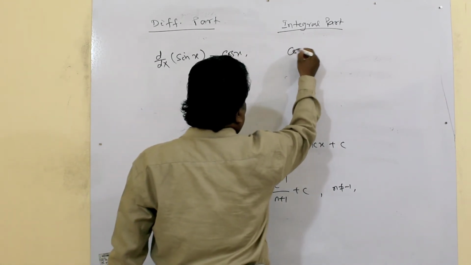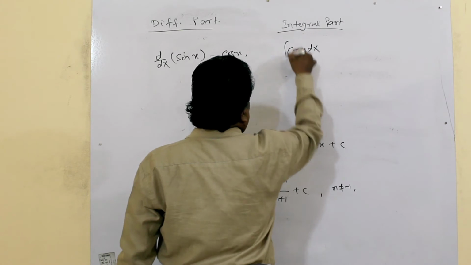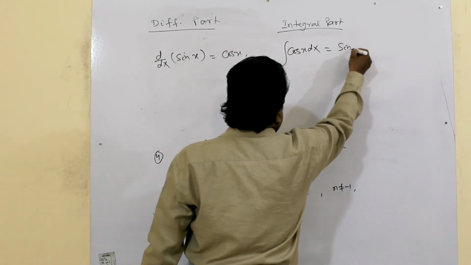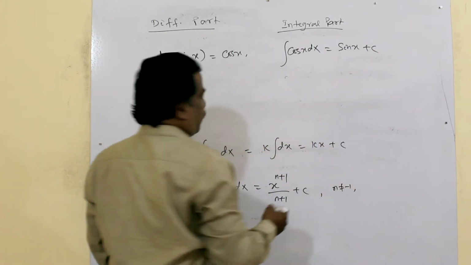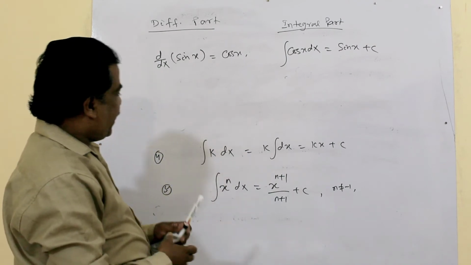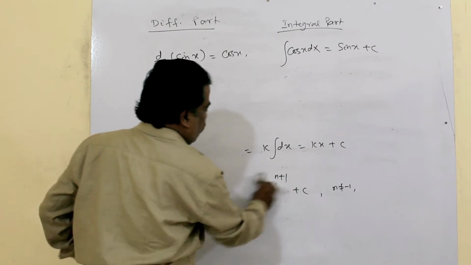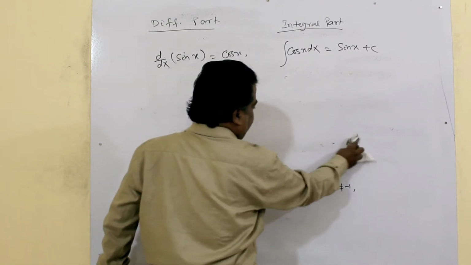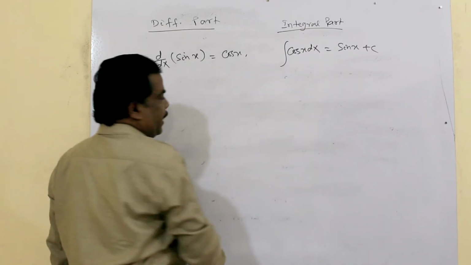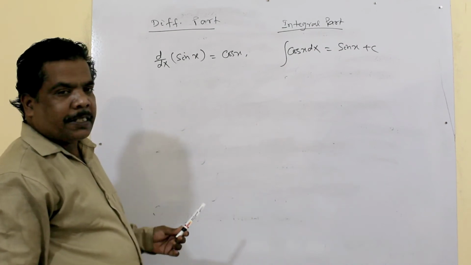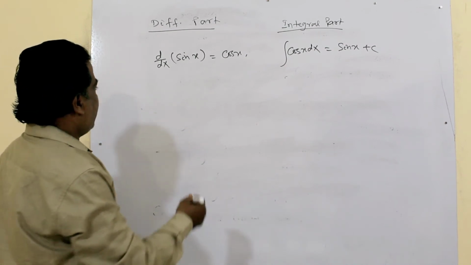So integral of cos x dx is equal to sin x plus c. As the derivative of sin x is equal to cos x, so integral of cos x is equal to sin x plus c. c stands for the integrating constant.